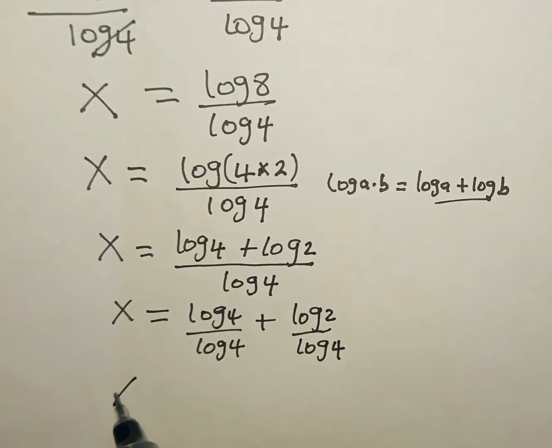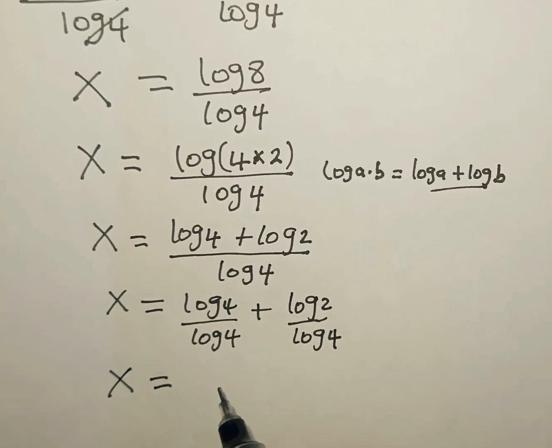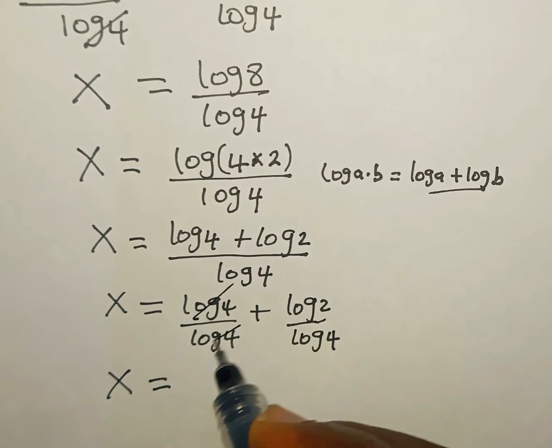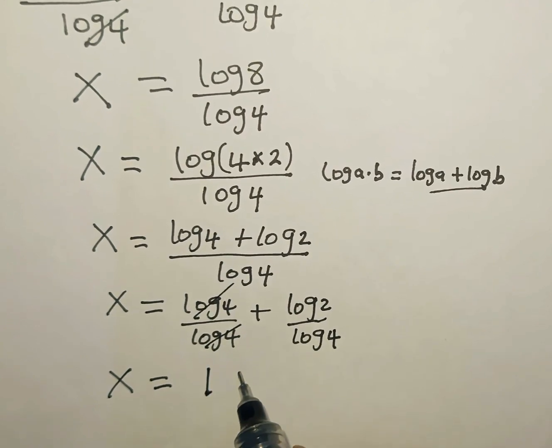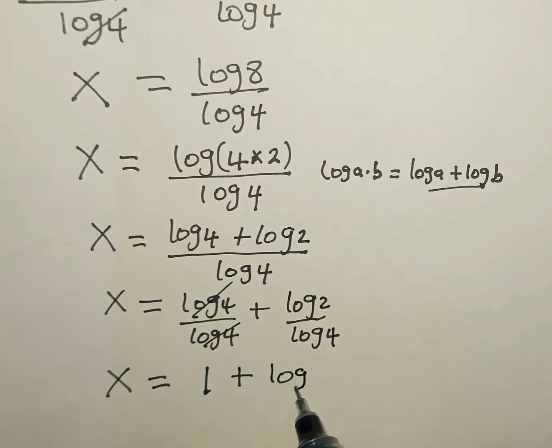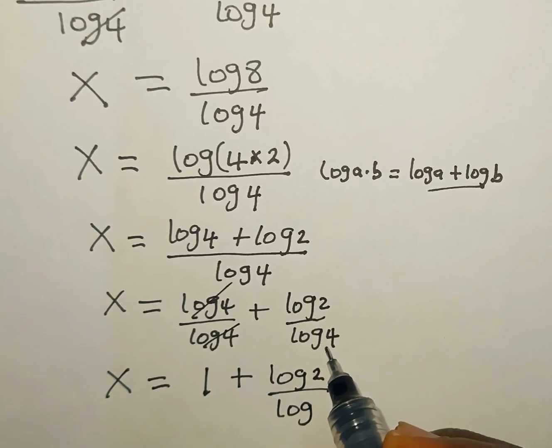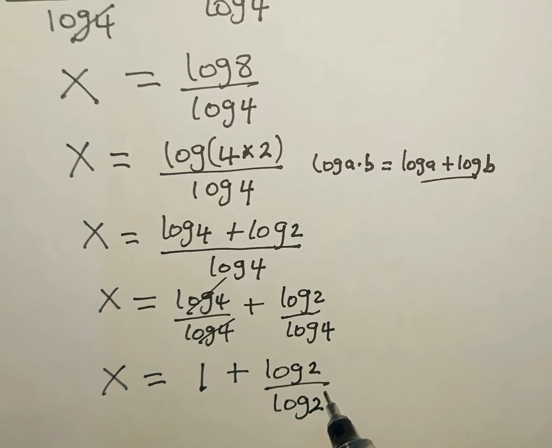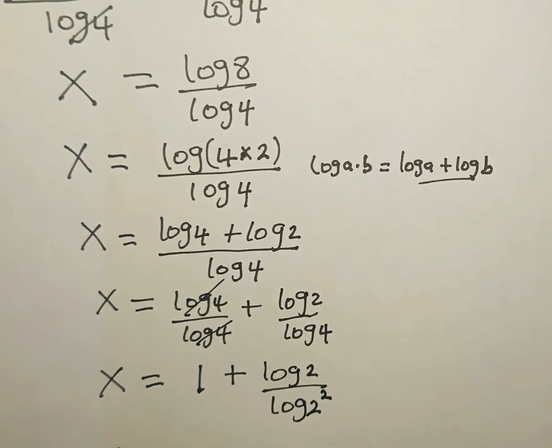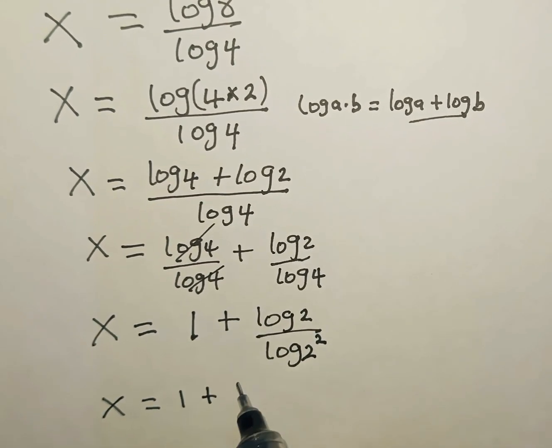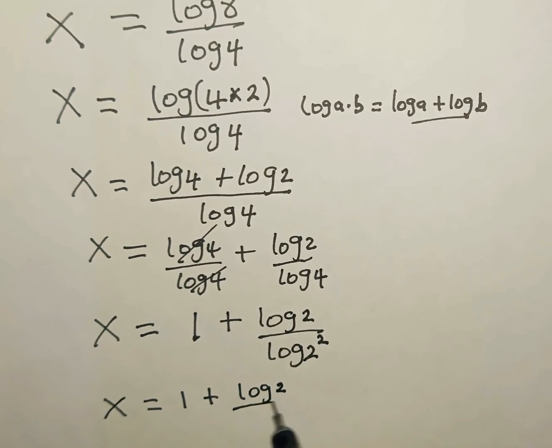So log of 4 divided by log of 4, the same thing divide itself is going to give us 1. Then plus log of 2 over log of 4, this 4 can also be written as 2 raised to the power of 2. So that we have x now will be equal to 1 plus log of 2 over.